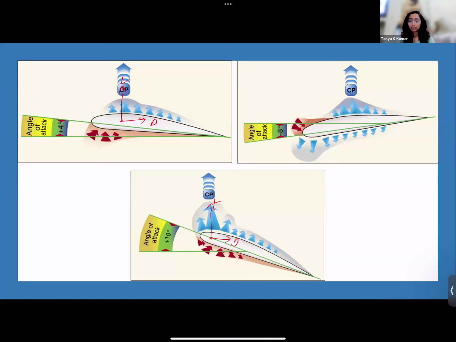Now, when I reduce the angle of attack, the pressure profile moves towards the trailing edge, such that the center of pressure also moves towards the trailing edge. Lift and drag act in such a way. So the change of pressure distribution over the surface of the airfoil with change in angle of attack is what changes the center of pressure. The centroid of the pressure profile is what gives us CP.